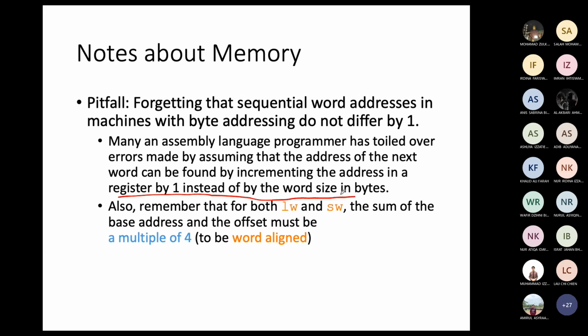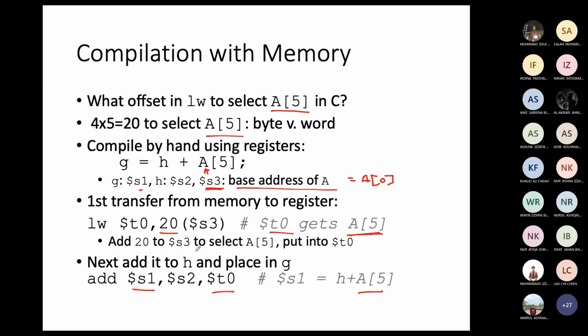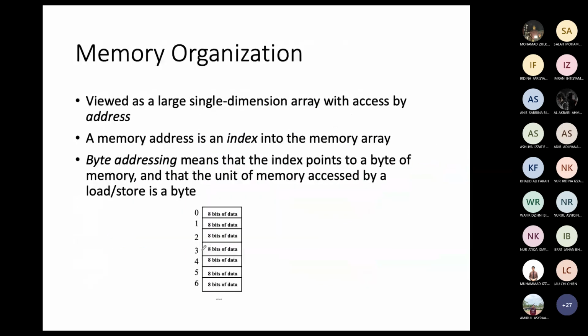Also remember that for both load word and store word, the sum of the base address and the offset must be a multiple of 4 so that it will be word aligned. The memory organization is viewed as a large single dimension array with access by address.